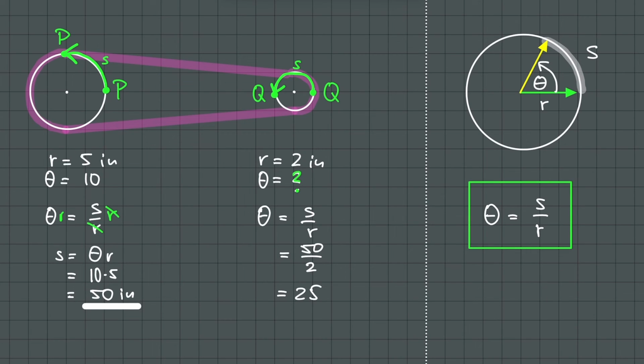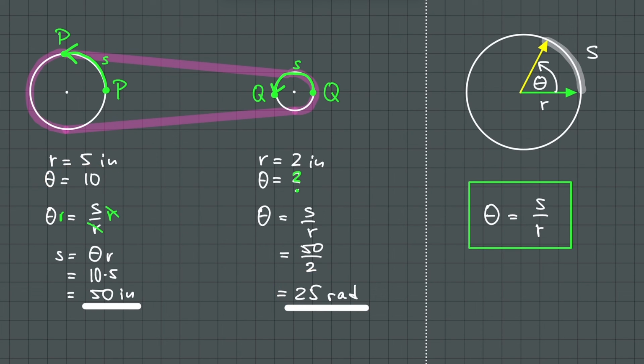So theta is going to be 25 radians. In other words, when the larger pulley turns 10 radians, the smaller pulley will turn 25 radians, and we're done with this problem.